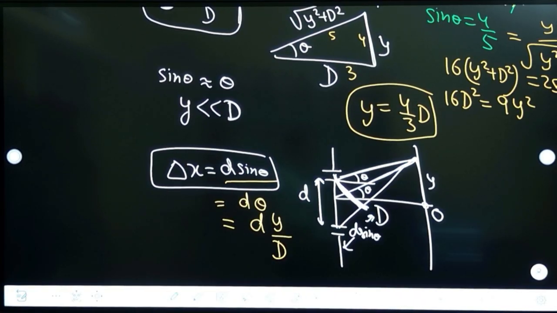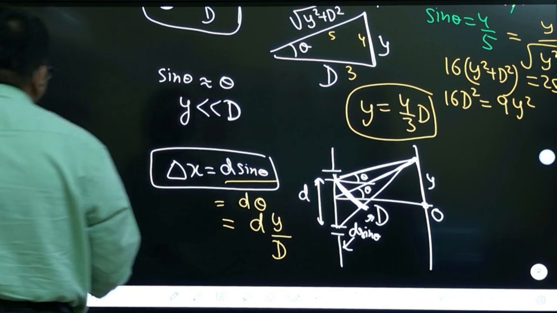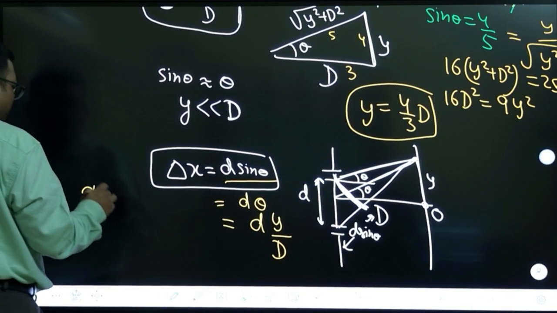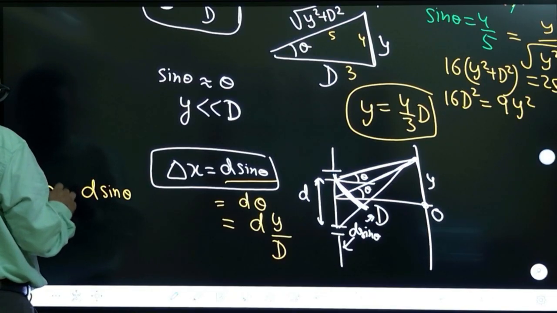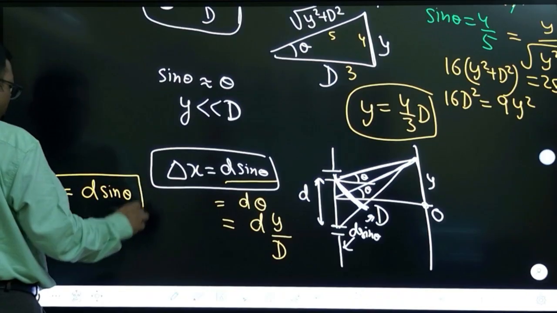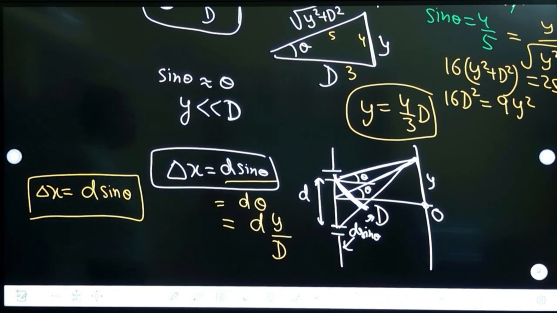That means in all the cases you have to use the exact formula. In all the problems, d sin theta as the path difference you use always. Delta x you use d sin theta. Whether sin theta will be theta or not, that will come after calculation.